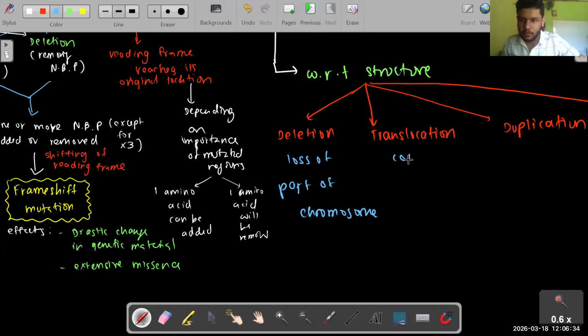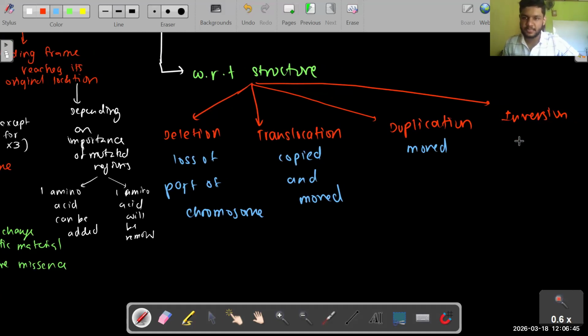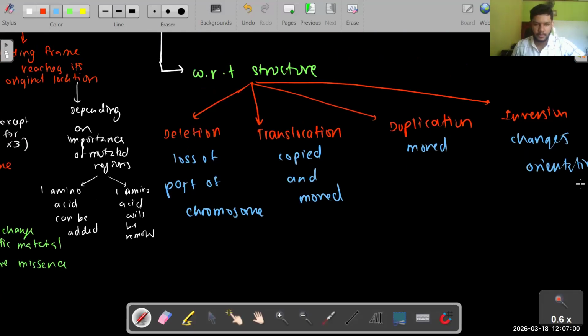Translocation means copied and moved to another chromosome. Duplication doubles the amount, or it increases the number of chromosome parts. Inversion changes the orientation of the chromosome. Right?